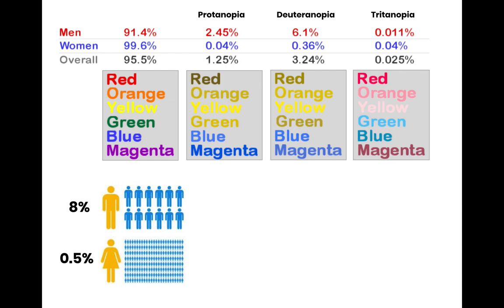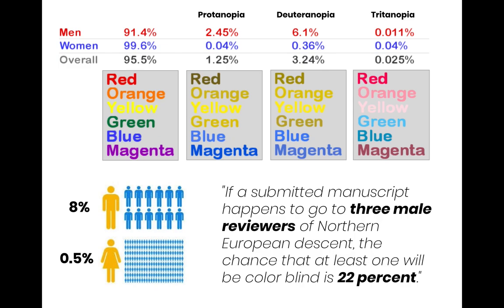Deuteranopia, also called red-green weakness, is the most common among them. Now, if you consider these numbers, 8% and 0.5%, if a submitted manuscript happens to go to 3 male reviewers of Northern European descent, the chance that at least one will be colorblind is 22%, so 1 out of 5. So next time you consider your paper or your poster, keep this in mind.